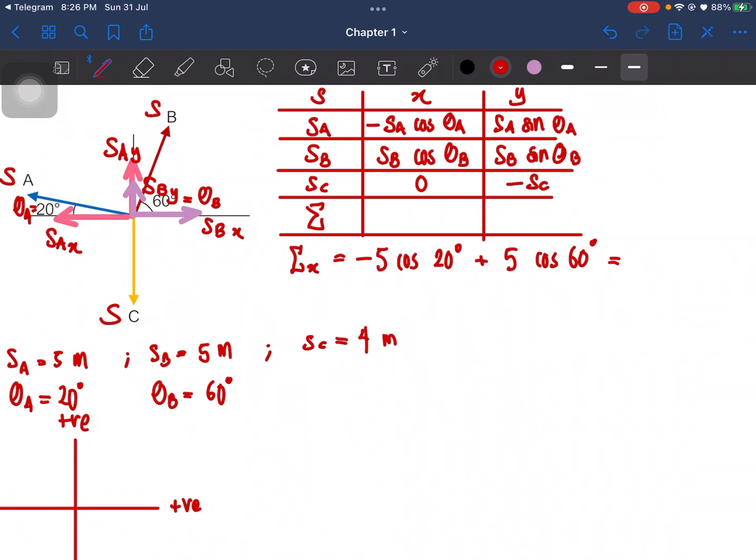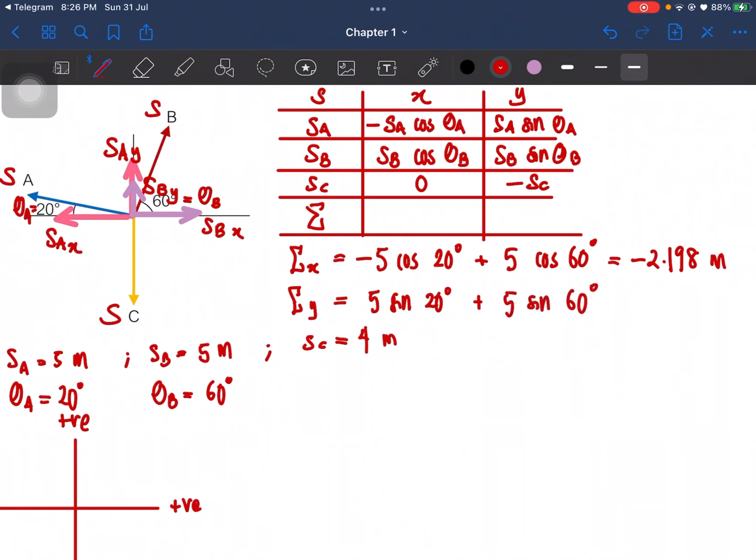So calculate that using your calculator. I have to do mine as well because I do not have the answer. So you will get negative 2.198 meter.